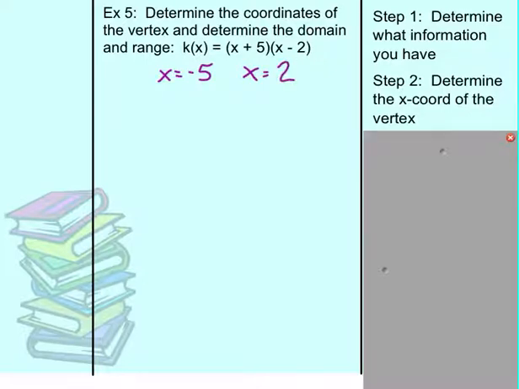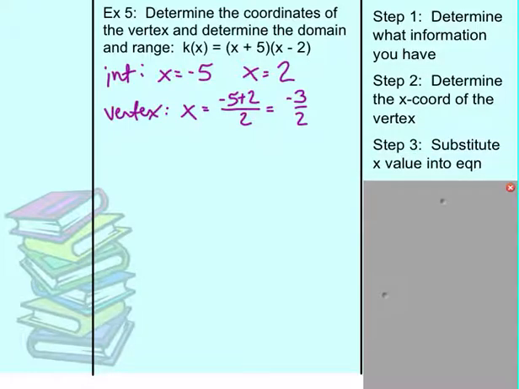To find the x-coordinate of the vertex, let me label these. We average our x-intercepts. So the x-coordinate of our vertex is -3/2. Step 3, substitute that value into the equation to solve for the y-coordinate of the vertex.